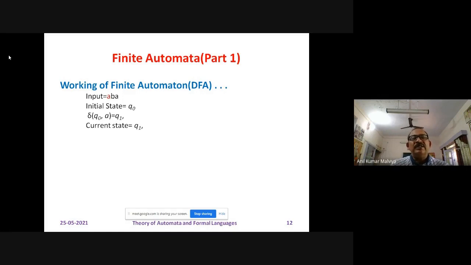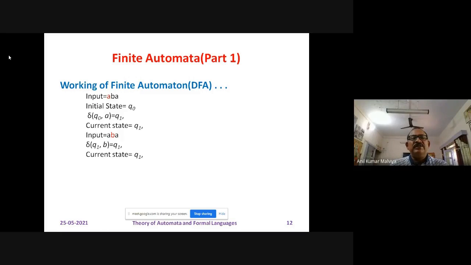Now the current state is Q1 and the tape head moves right to the next symbol, B. We have the transition function delta Q1 B is Q1. If the machine is in state Q1 and the input is B, it remains in the same state.